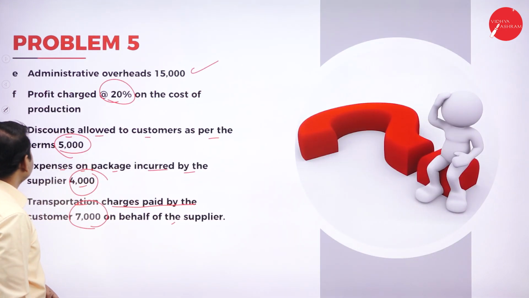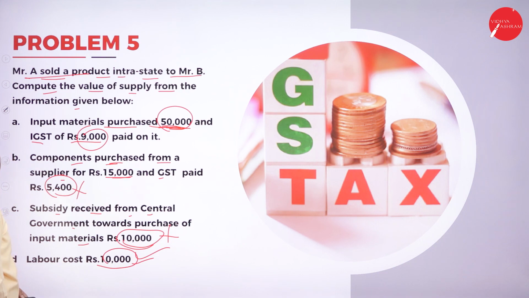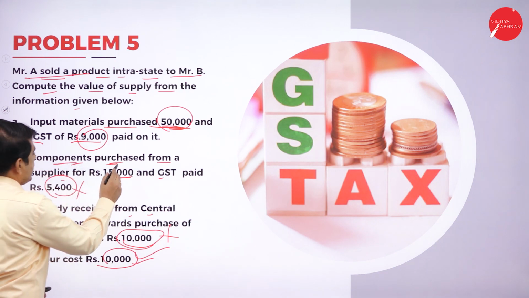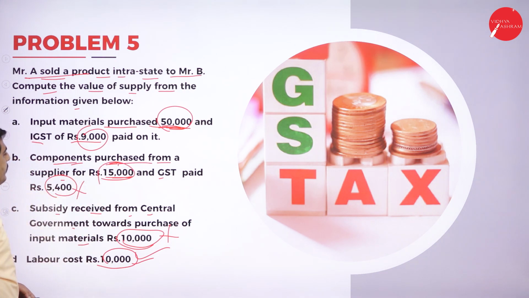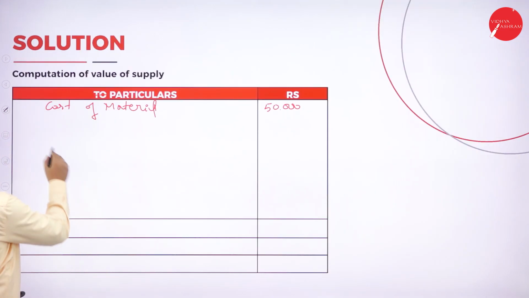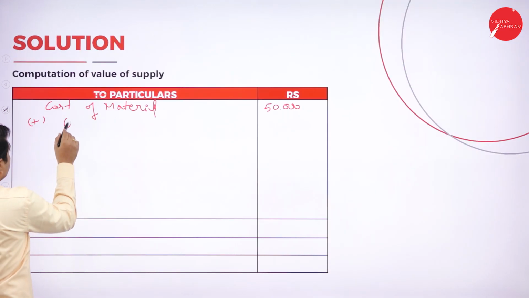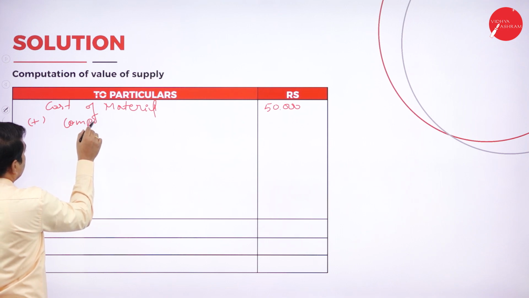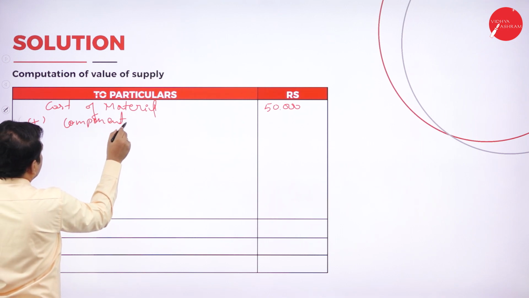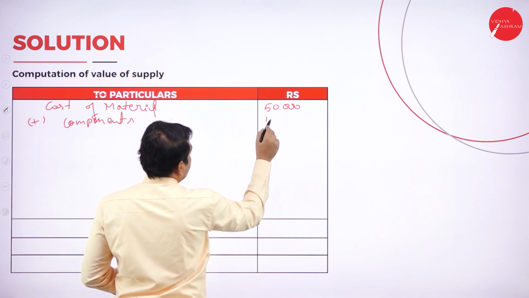Next one, components purchased for 15,000. Add components. 15,000.